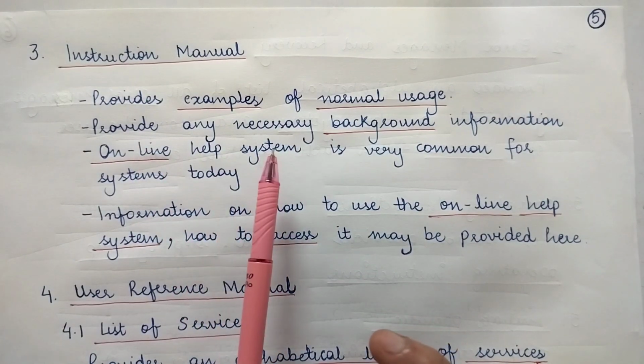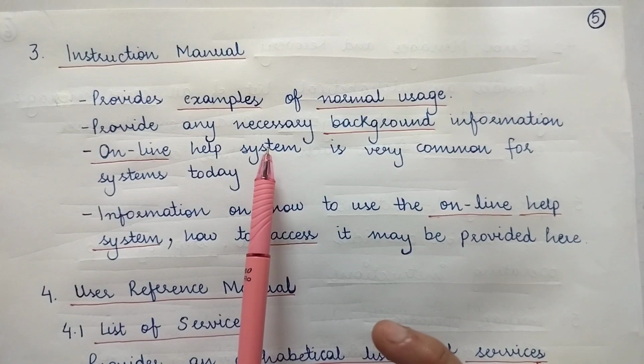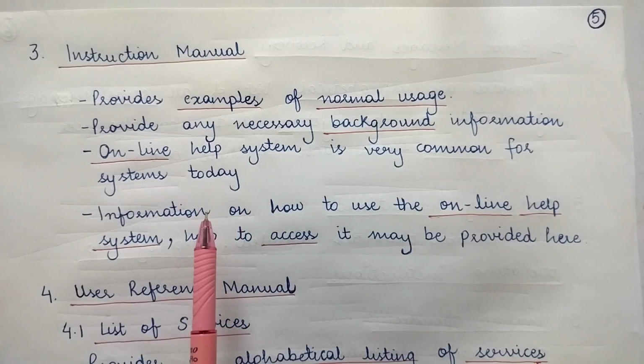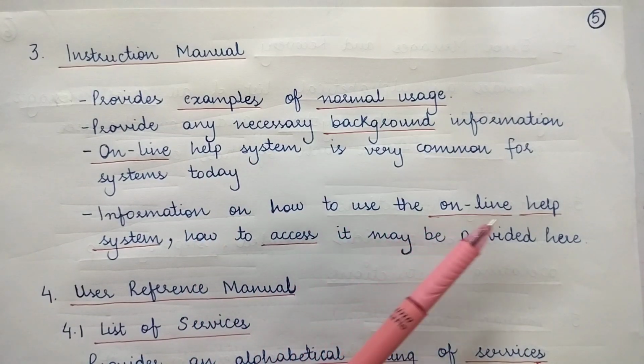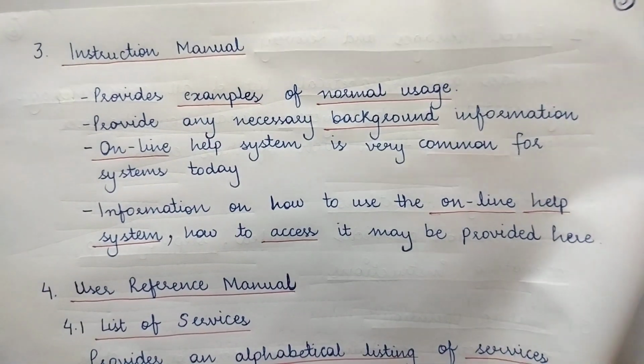So online help system is very common these days, not just for products, but for information systems also. So information on how to use the online help system and how to access it may be provided in the instruction manual if it exists, and obviously nowadays it exists.